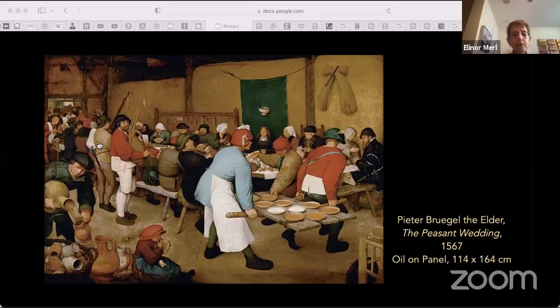Or he may be the red-capped man twisting round to take the plates of food from the tray. Or he may be the white-aproned man carrying the table tray in the foreground, whose face is compositionally linked to the bride's face. The answer is we don't know where the bridegroom is.